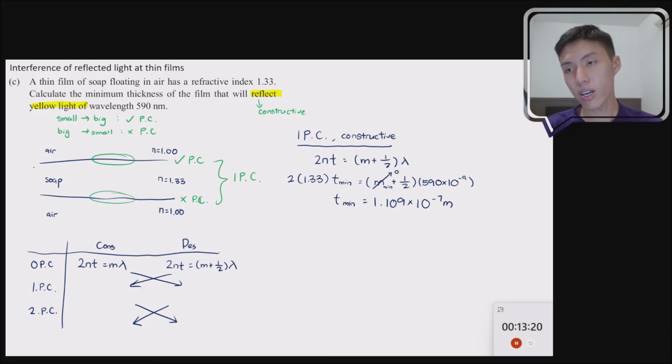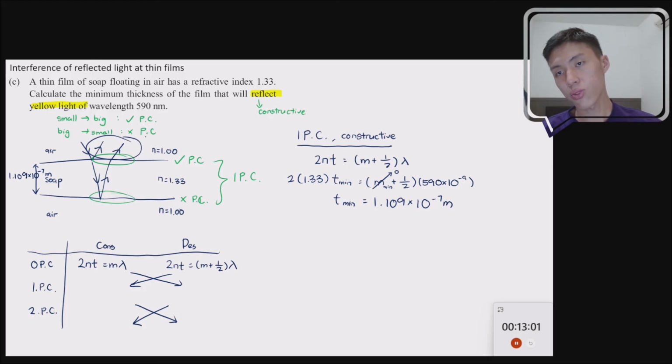So that means if this soap here has a thickness of 1.109 times 10 to the power -7 meter, then the light that arrives at this soap will undergo reflection and refraction. This one you can refer to the concept video.